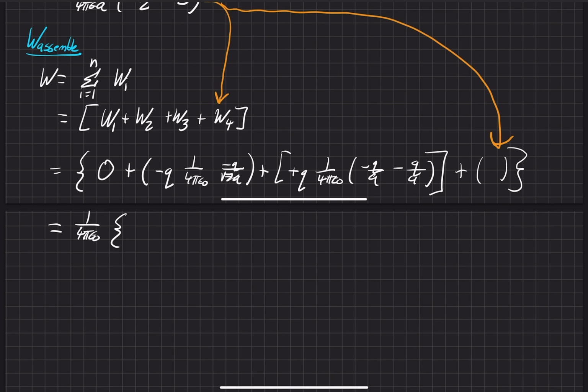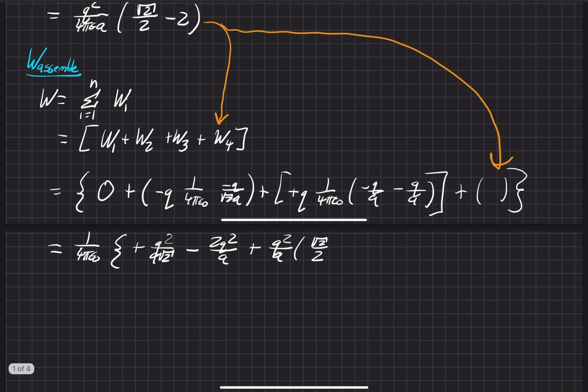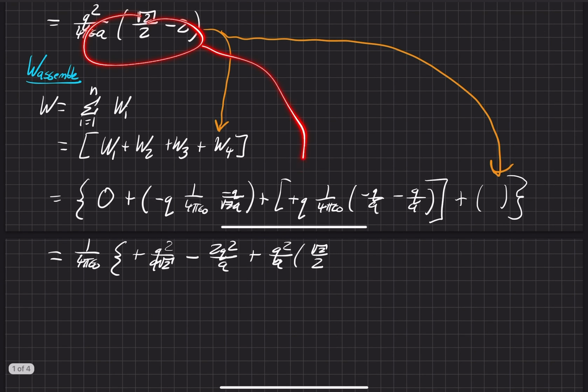We'll squish these down, so we now have a positive Q squared over square root of 2 times A, minus 2Q squared over A, plus Q squared over A times the quantity of square root of 2 minus 2, because this is what we had up here. This is the answer that we had right here, square root of 2 minus 2. And then, there we go.